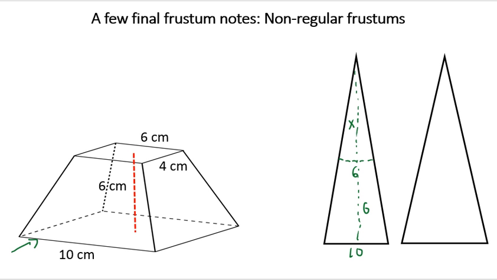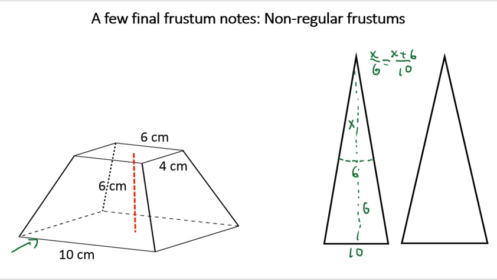You'd have that the top portion, X is to 6, height is to base, equals the overall height, X plus 6, to the base, which we said was 10. Cross multiply, find X, and then you've found the height that was removed.